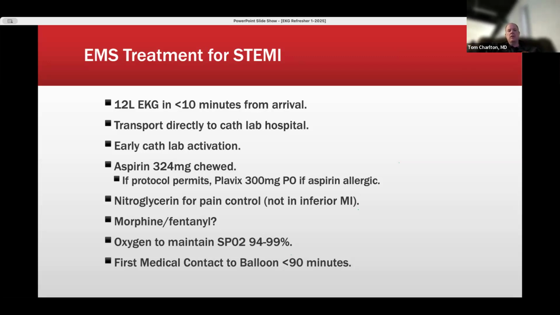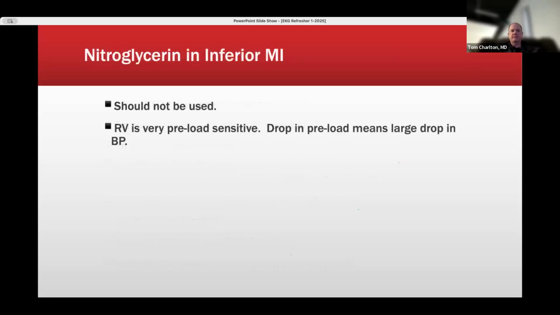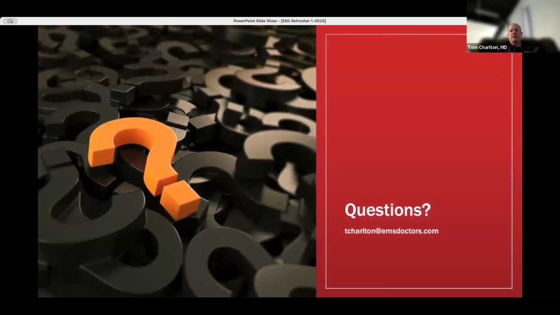The overall goal is first medical contact, which is us, to the balloon being up in less than 90 minutes. And what a lot of hospitals have been striving for is less than 60 minutes. Again, because that 5 minutes difference has a world of effect on certain patients. So nitroglycerin for inferior MIs, don't do it. Questions?